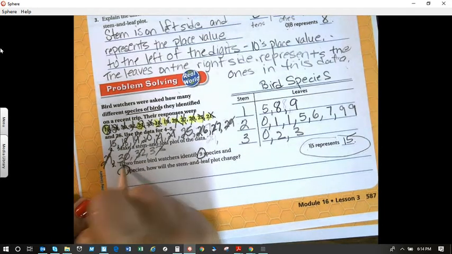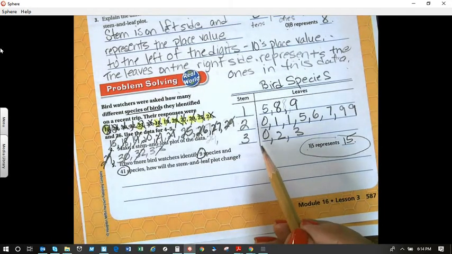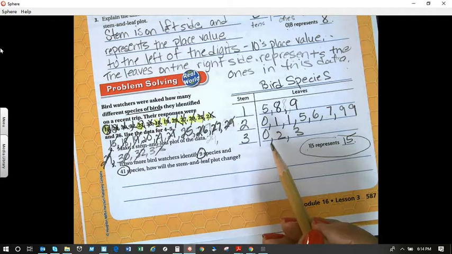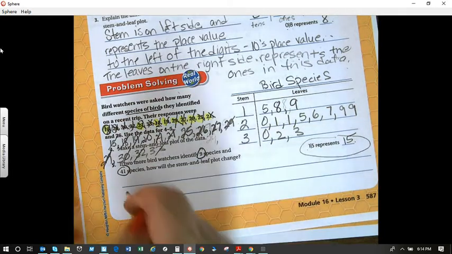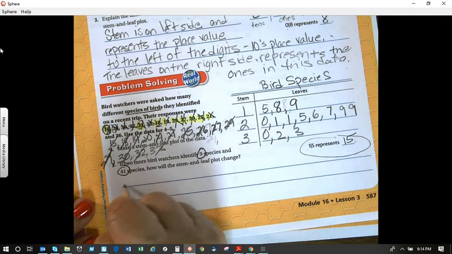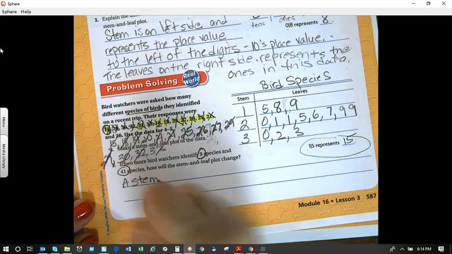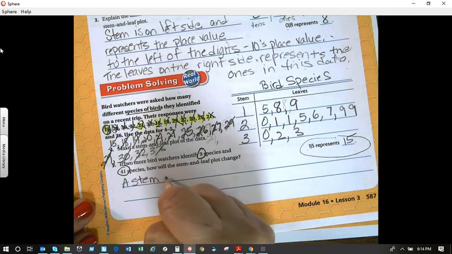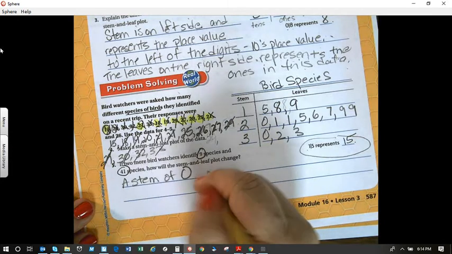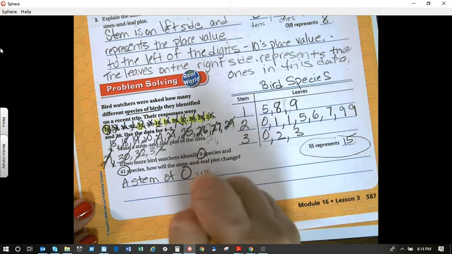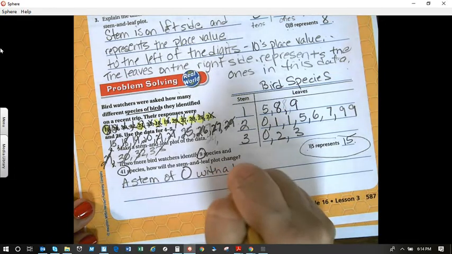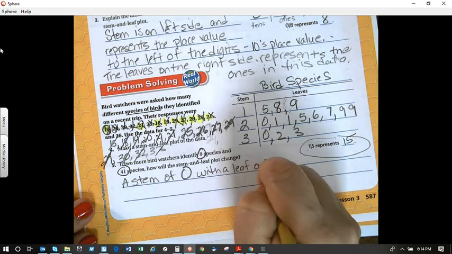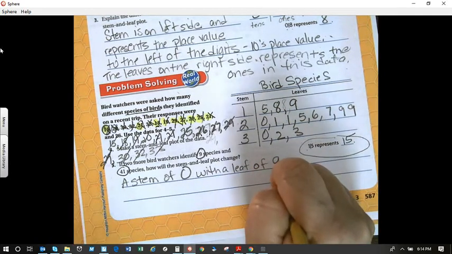For the number 9, I'll have a stem of 0 with a leaf of 9 that will be added.